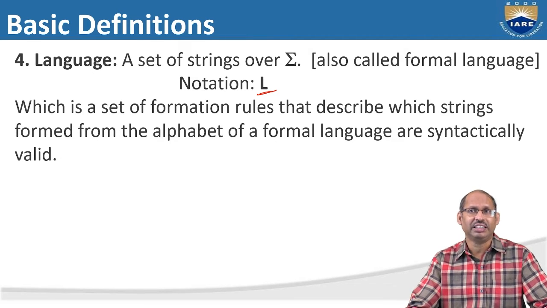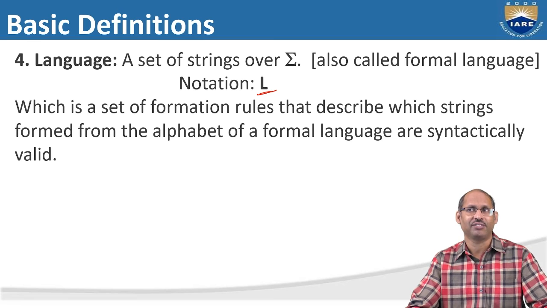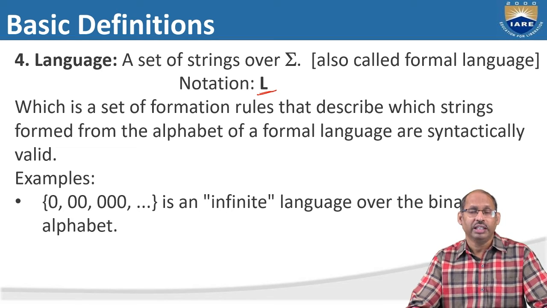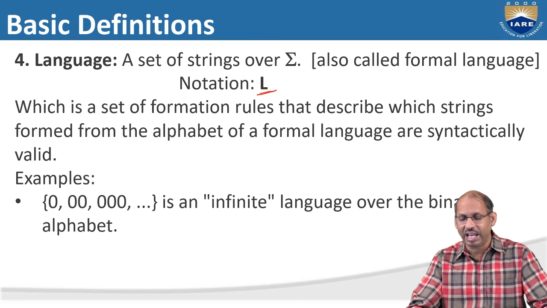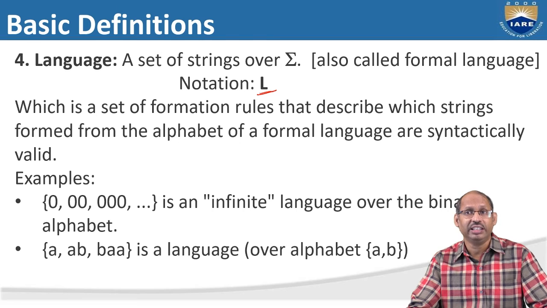It is a set of formation rules that describe which strings formed from the alphabet of a formal language are syntactically valid. Now, here this is an infinite language over the binary alphabet. Here it is a finite language. The second example is finite. What are the strings it has?